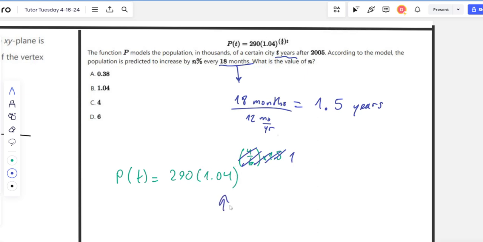And if we look at the exponential growth rate here, 1.04 is the same thing as a 4% increase. So to say this increased by n% every 18 months, the value of n would just be 4. I see that in our chat right here.